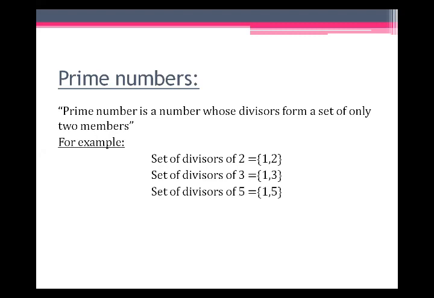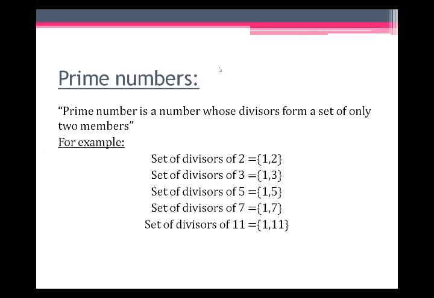Set of divisors of 5 is 1 and 5. Set of divisors of 7 is 1 and 7. Set of divisors of 11 is 1 and 11. Now students, I repeat it. A prime number is a number whose divisors form a set of only two members. As you see students, all the sets have only two members, so they are prime numbers.